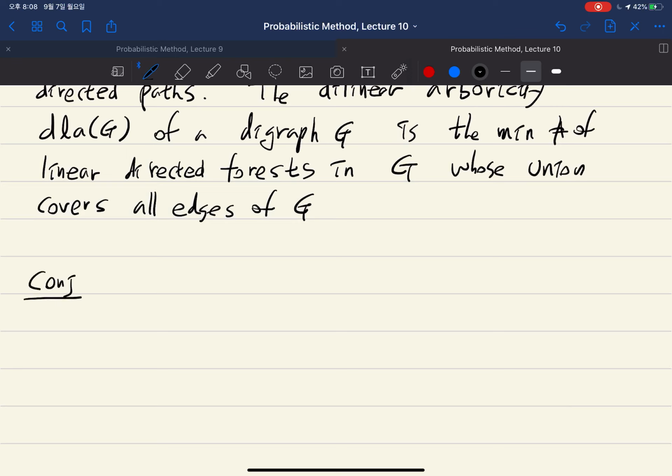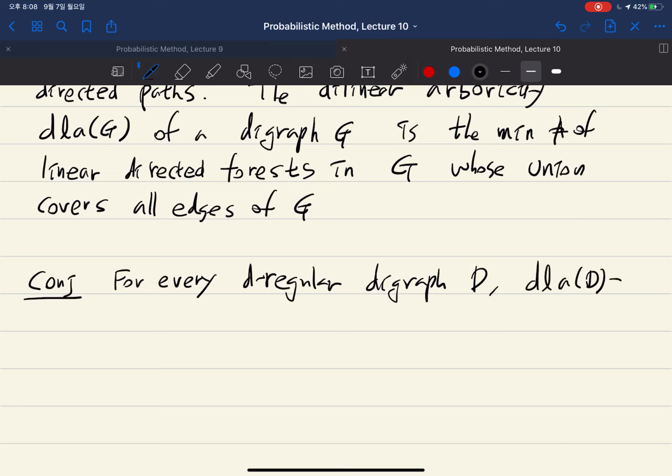So the conjecture regarding this directed linear arboricity is that for every d-regular digraph, we have the directed linear arboricity exactly d plus 1.